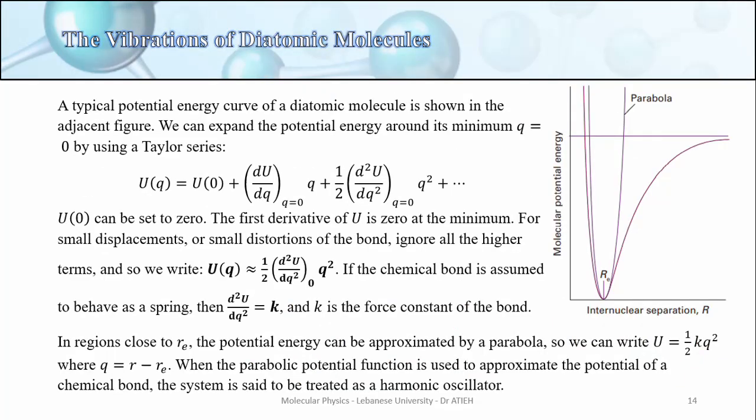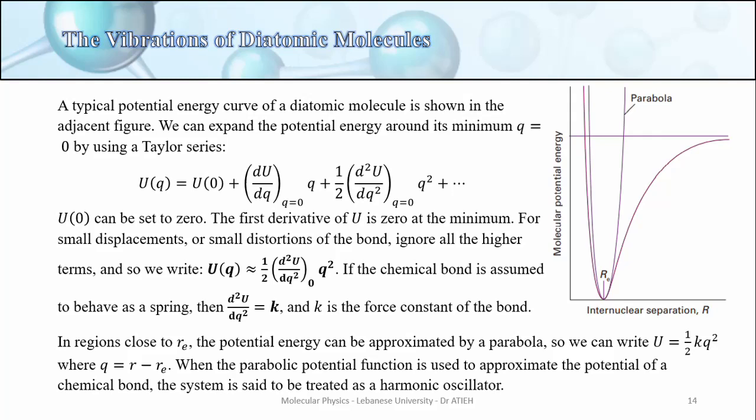Now, what about the vibration of diatomic molecules? We have up till now considered a potential energy that is parabolic, but the real potential energy of diatomic molecules is not a parabola. So, a typical potential energy curve of a diatomic molecule is shown in the adjacent figure.